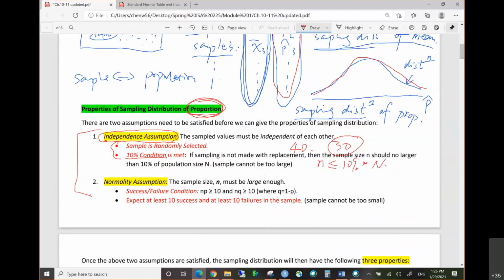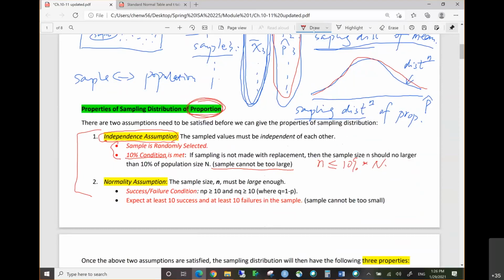So they will not be independent of each other. So in this case, we need to control that the sample will not be too large. It should be less than 10% of the population size. So this is called the 10% condition. The sample cannot be too large. All right, okay, so this is the independence assumption.